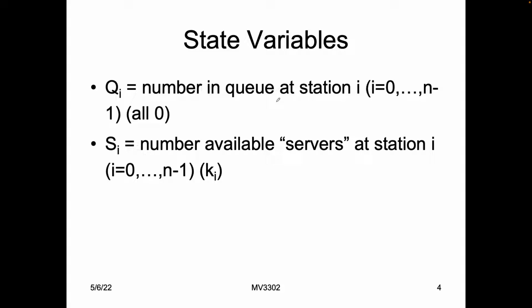So this arrival event has access to the Q array. It has access to the S array. But it has access to the entire array. And what we have here is a situation where only one of the indices is changing values.